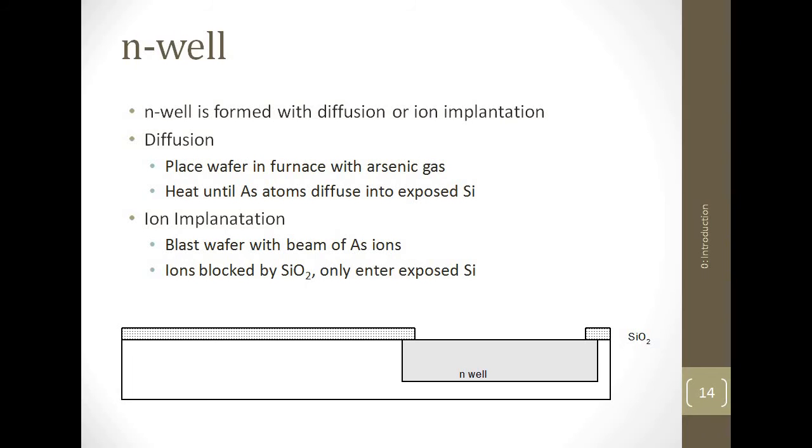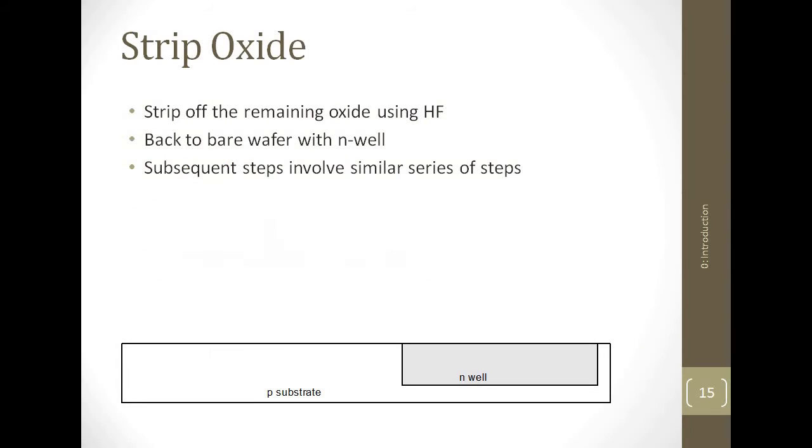So this is how it takes place, that is, introducing or diffusing these arsenic atoms deeply into the exposed silicon. And then ion implantation. Blast the wafer with a beam of arsenic ions. Ions are blocked by silicon dioxide and only enter the exposed silicon.